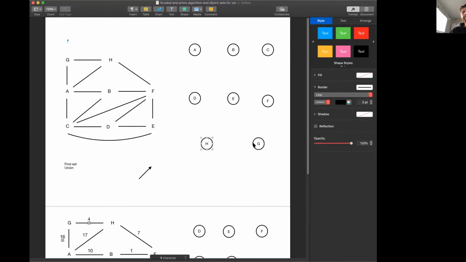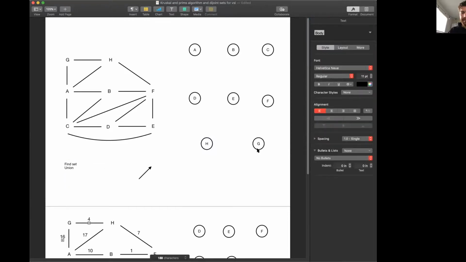So since they are in two different disjoint sets, I'm going to call an operation called union, which tells me I'm going to put the two vertices together in one set. One of them will be the parent, and the other will be the child. So I'm going to call union on G and H, and it will be something like this.